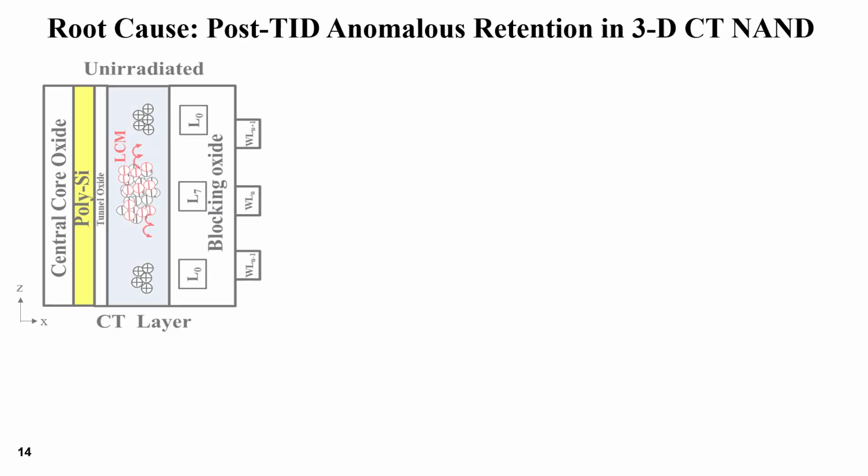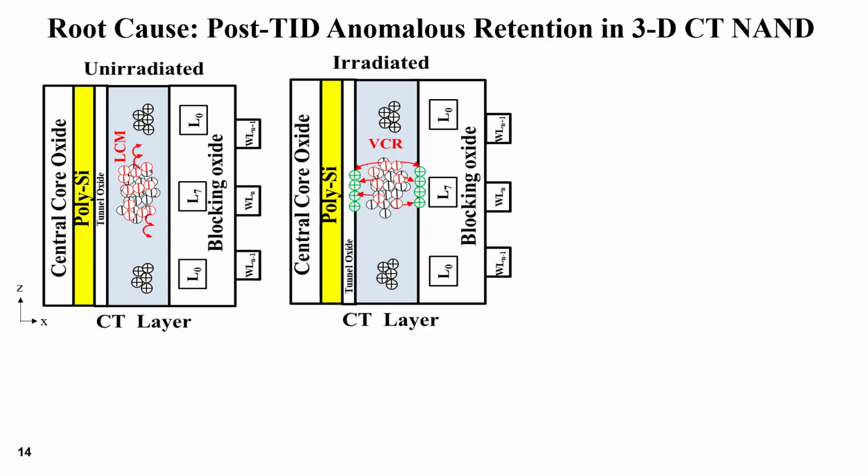In unirradiated memory, the shallow trapped electrons dominate the lateral charge migration, as already discussed. During radiation, most of the shallow electrons are depleted because of the radiation dose. So after irradiation, a few shallow electrons remain, and the oxide trapped holes partially immobilize or redistribute these shallow electrons.